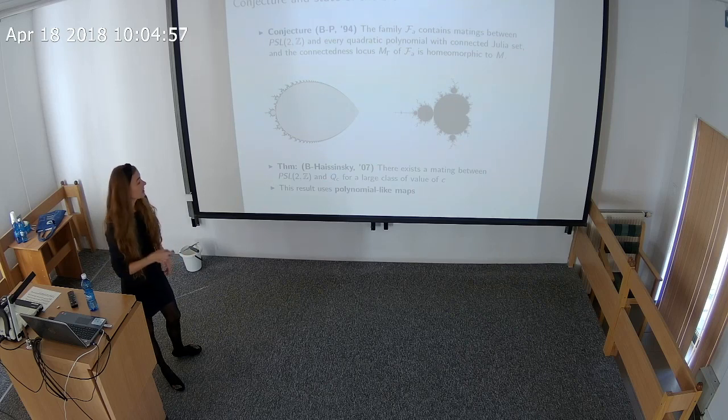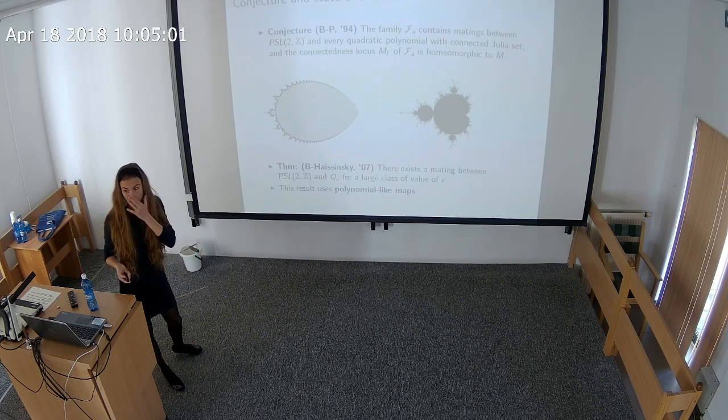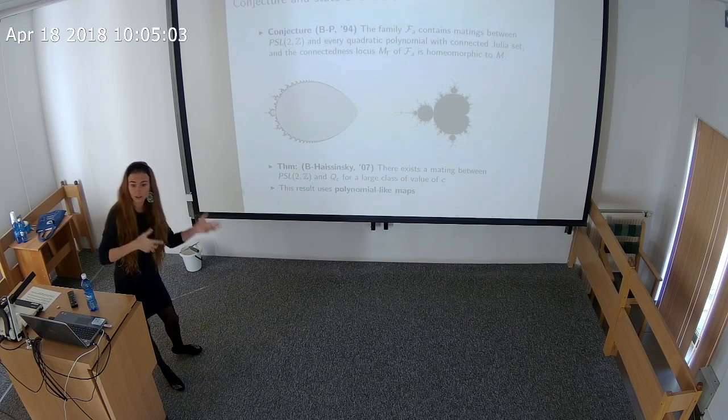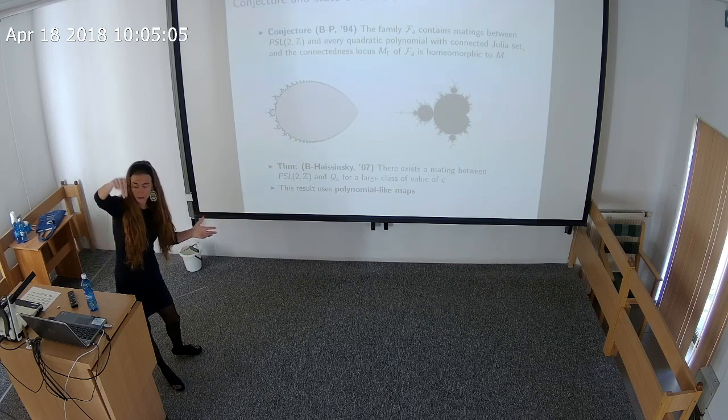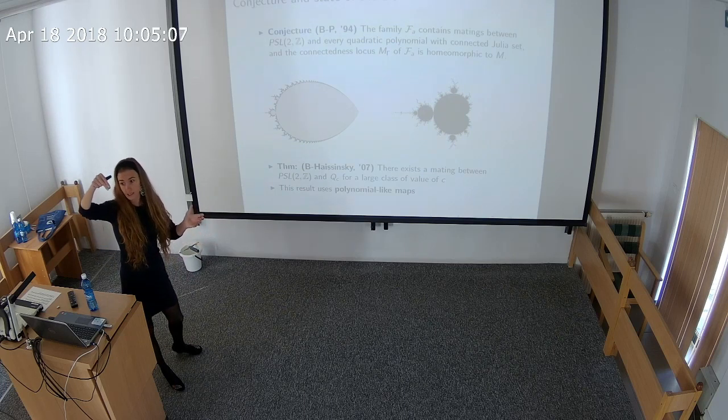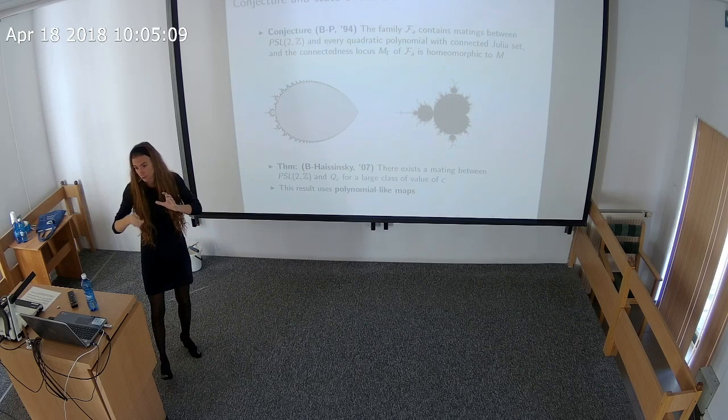So what is a polynomial-like map? Well, a polynomial: we saw at the beginning that for a polynomial, infinity is superattractive, and the filled Julia set is the complement of the basin of attraction of infinity.